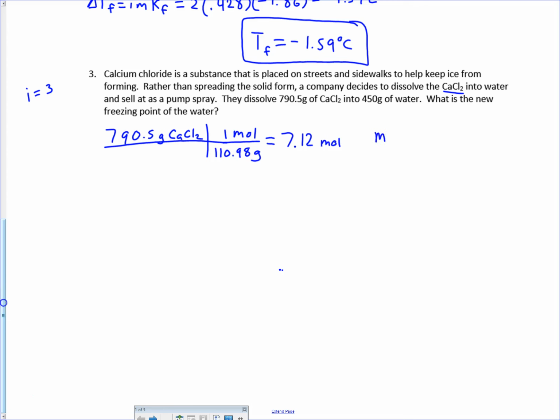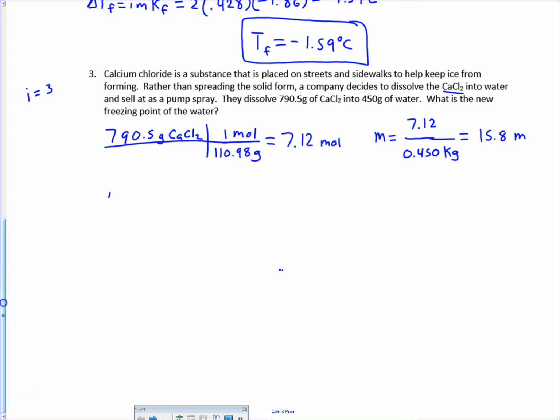So molality equals 7.12 moles over 0.450 kilograms. Notice here, it was given in grams. I had to convert it to kilograms because that's what the molality equation says. So then you calculate that, you get 15.8 molal for the concentration there.